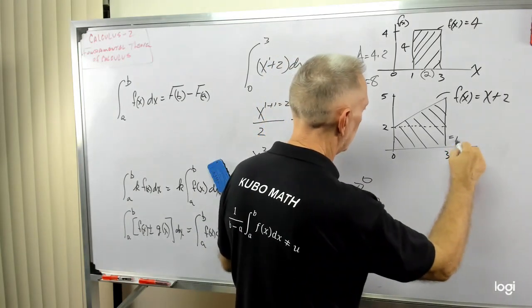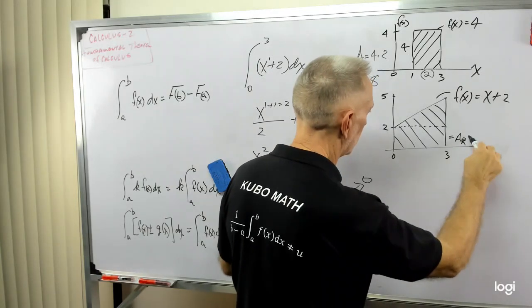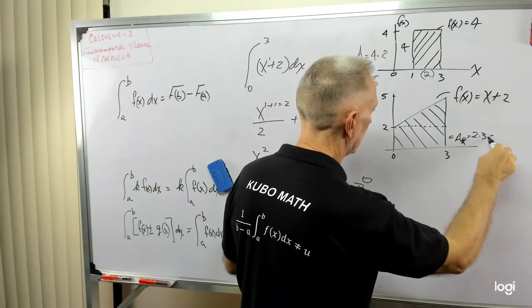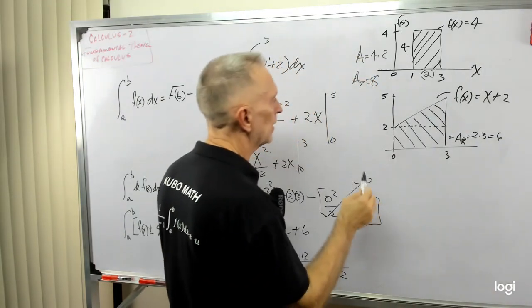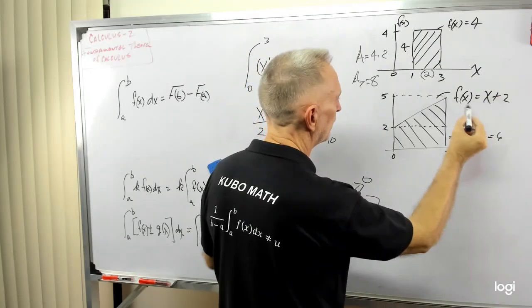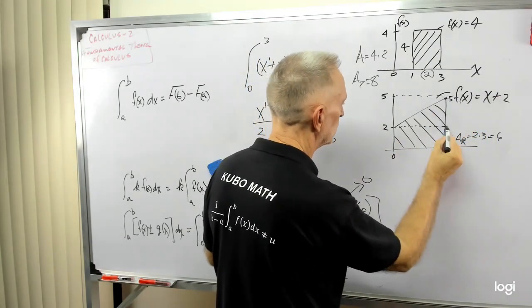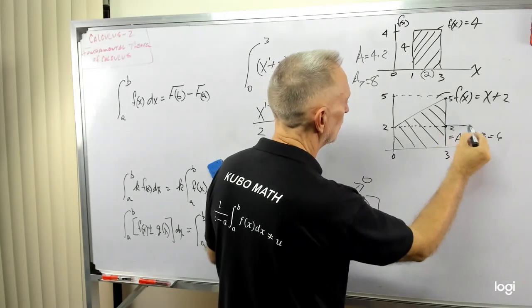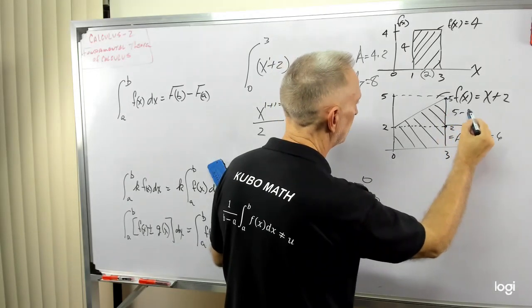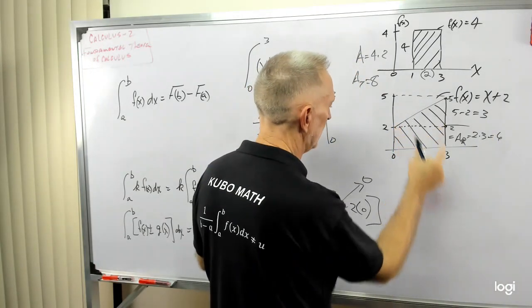So the area of this rectangle, A sub R, equals 2 times 3, and that equals 6. When x equals 3, f of x equals 5. So this point here is 5. This point is 2. So the height of this side is 5 minus 2 equals 3. So the base is 3.